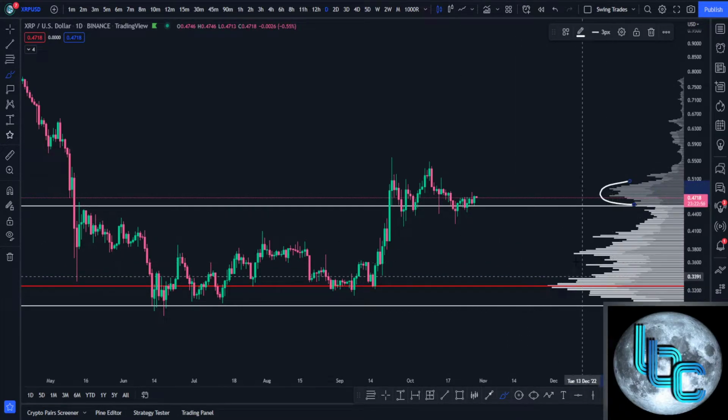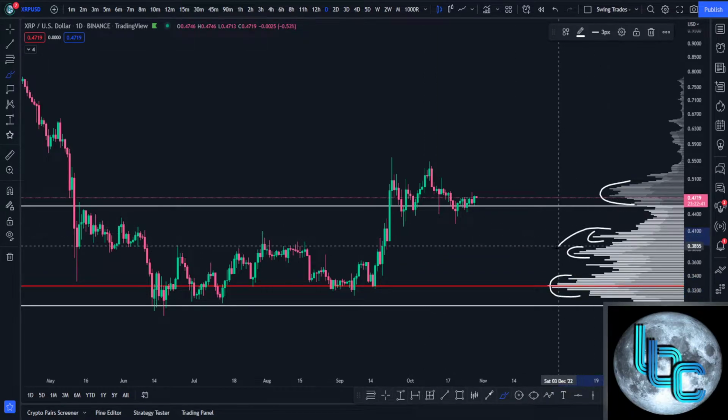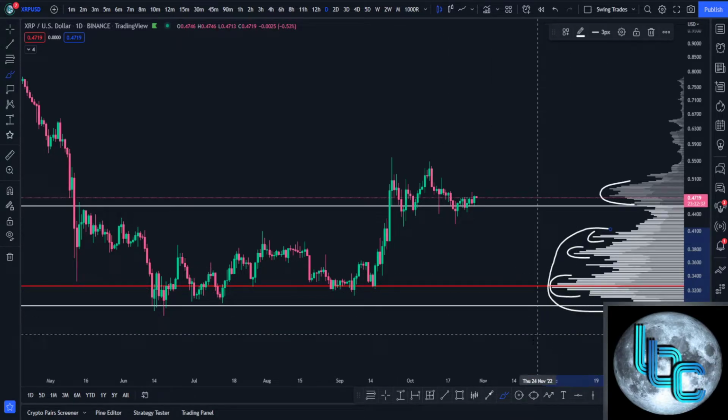Now, it is not as high as this node, or this might not even be a node, or this, definitely not as high as this node. And this could all be seen as one giant node.